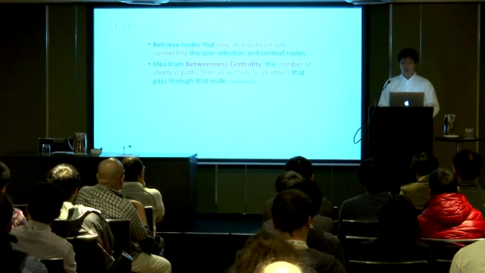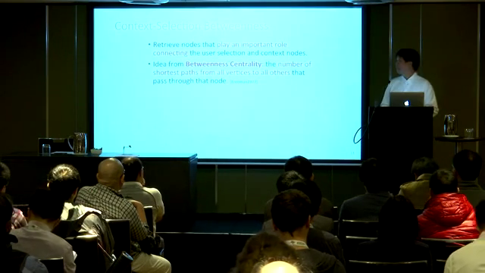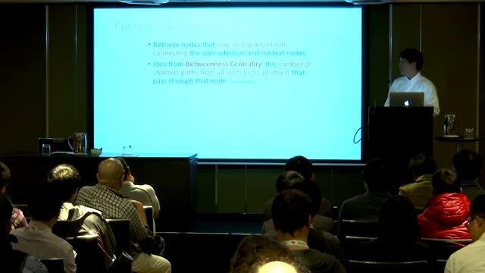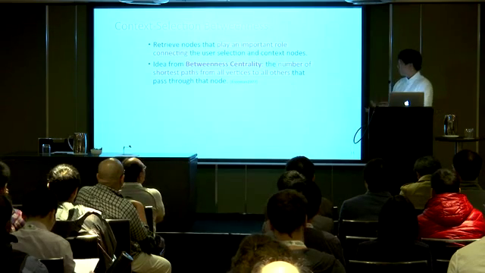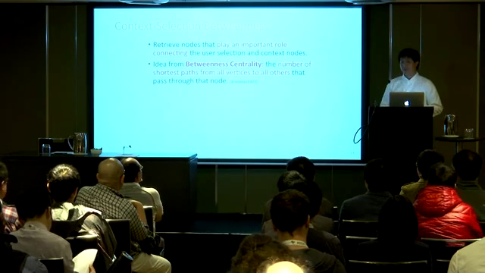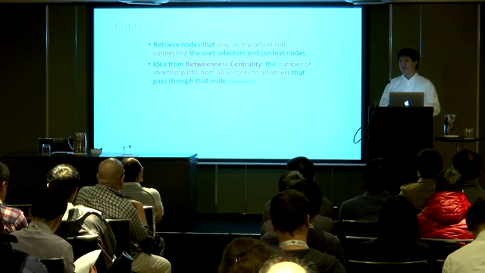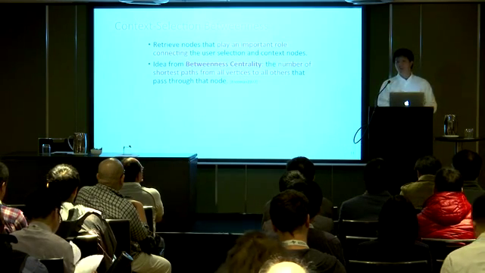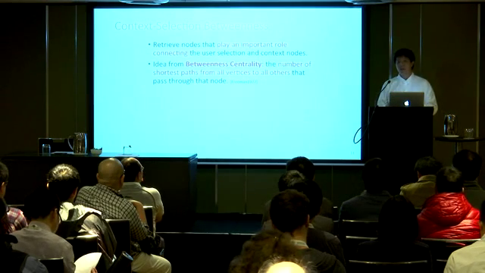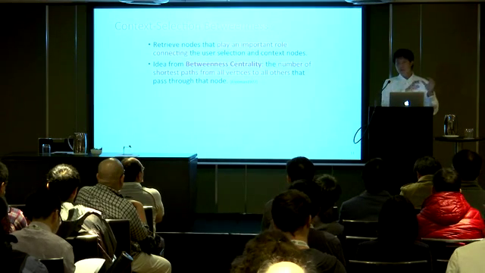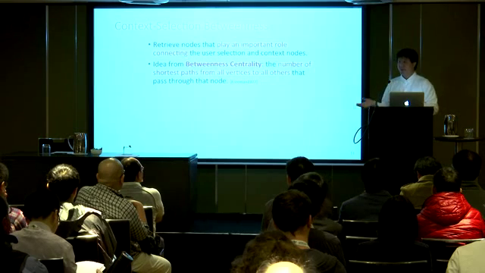We borrow the idea from betweenness centrality, which is defined as the number of shortest paths from all vertices to all others that pass through that node. Intuitively speaking, this measures how much a particular node plays an important role connecting subcomponents of the graph in terms of shortest paths.